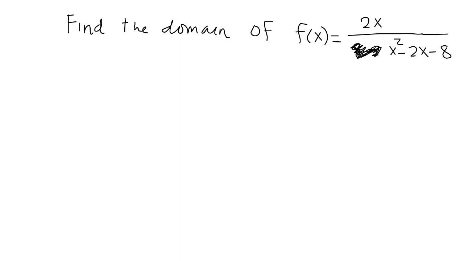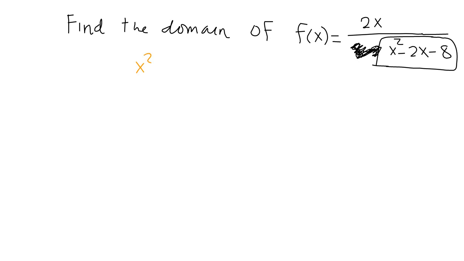So which case do we have in this case? We have the first case, the fraction case. All what we need to do is to exclude all the zeros of the denominator. We don't want to divide by 0. So I have to exclude all the zeros of this expression.